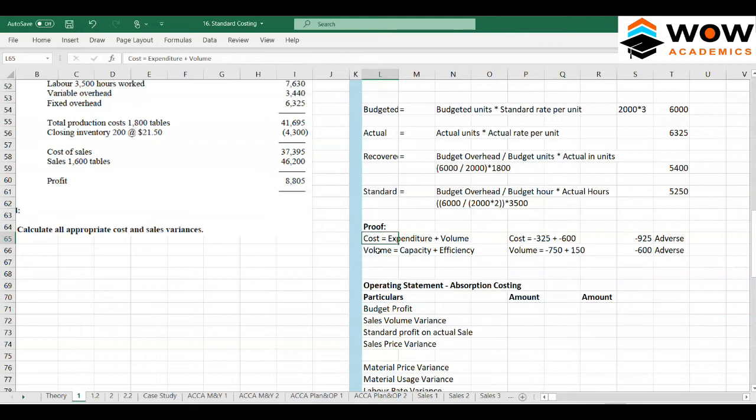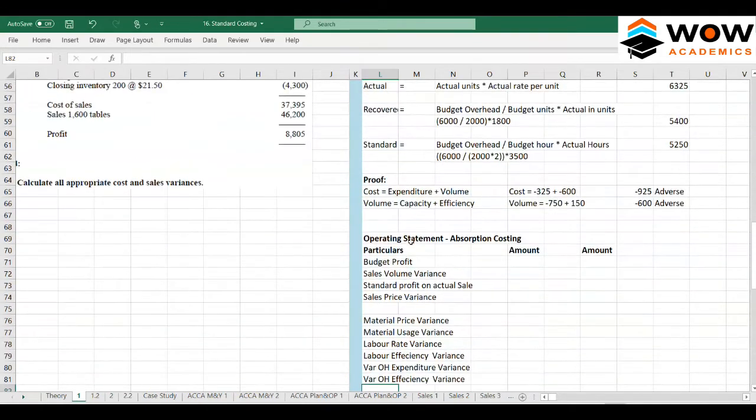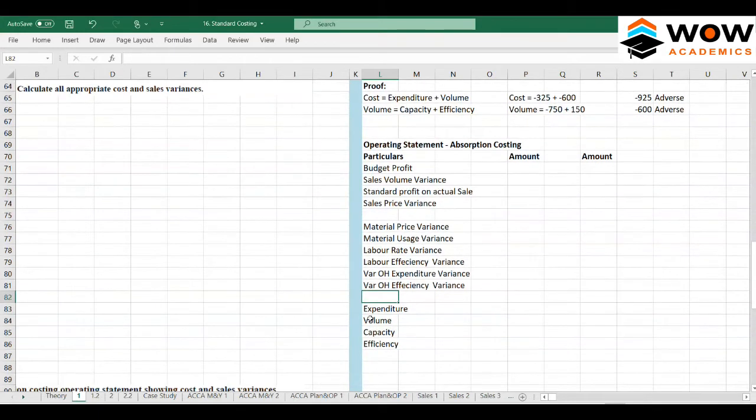It is better to show the detailed one, so you can show expenditure and volume and cut off the cost. Thereafter, volume is equal to capacity plus efficiency. So you can either show volume or show the detail of capacity and efficiency, so you can cut off volume. So let's get the fixed overhead expenditure variance.